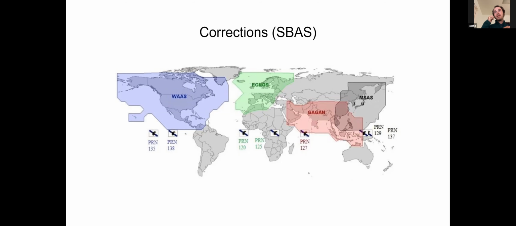This is usually referred to as differential GPS, and these differential GPS approaches are how we get the really high accuracies. So that's the ground station going all the way up and coming back down, the SBAS approach. This is pretty old and has been around for quite a long time.